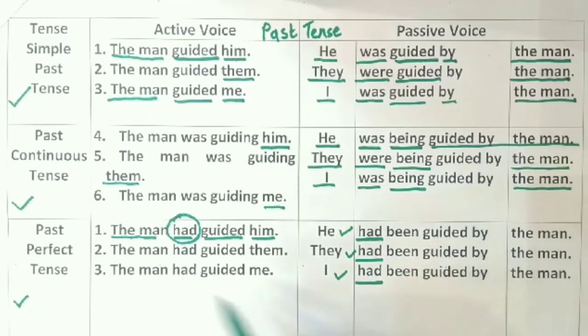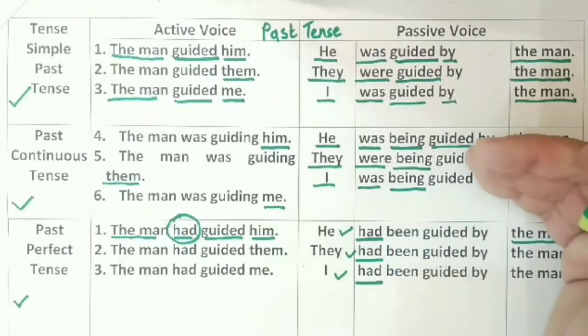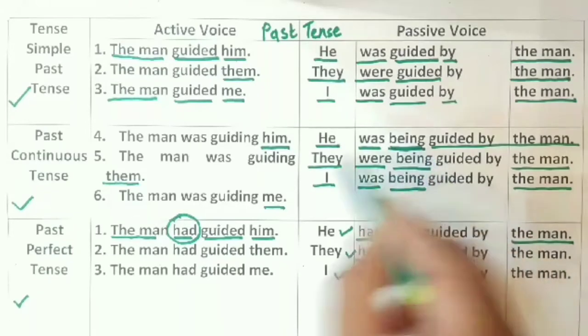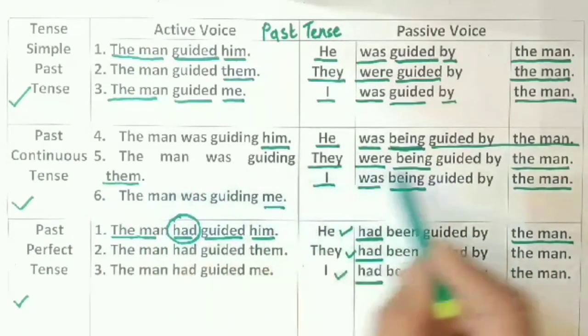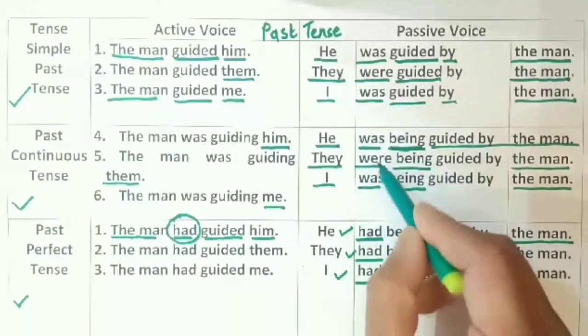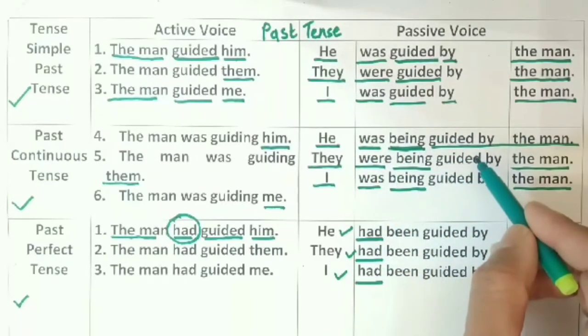So let us look at the first sentence: the man had guided him. We have transformed it into passive voice in this way: he had been guided by the man. In the past continuous tense, we have to use the word being, because it's continuous tense, between the helping verb and the past participle form.